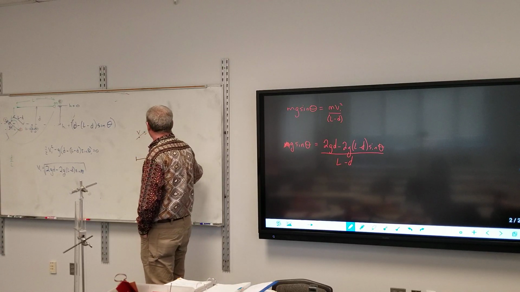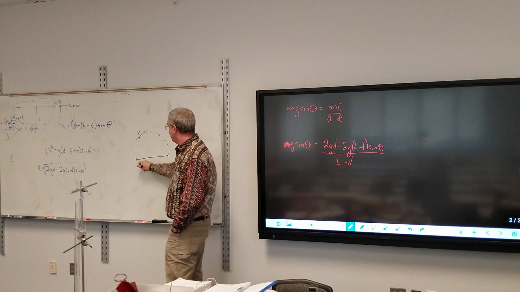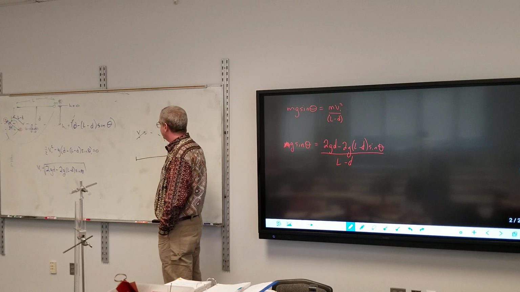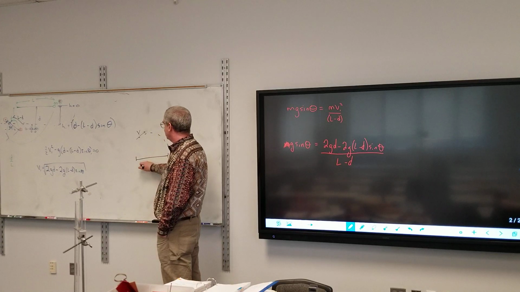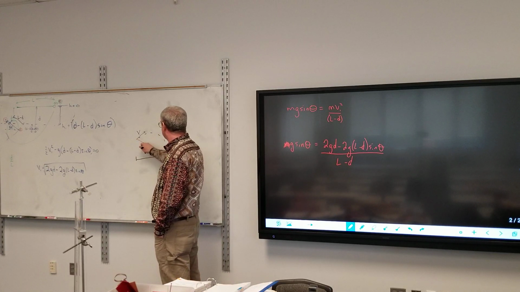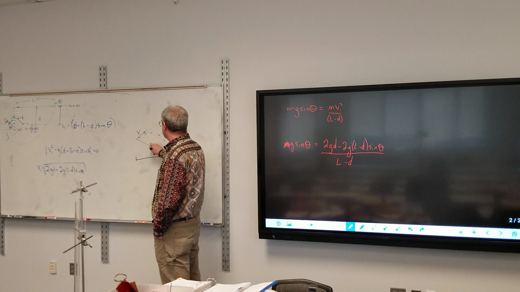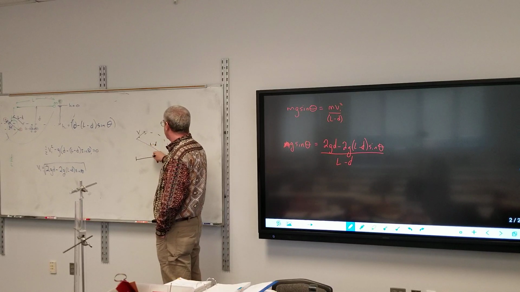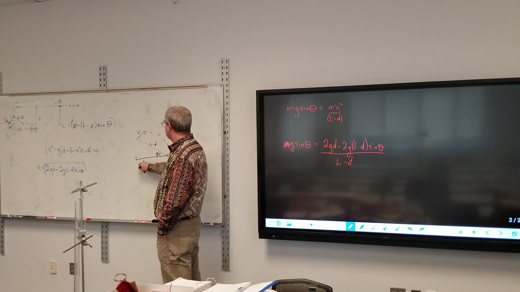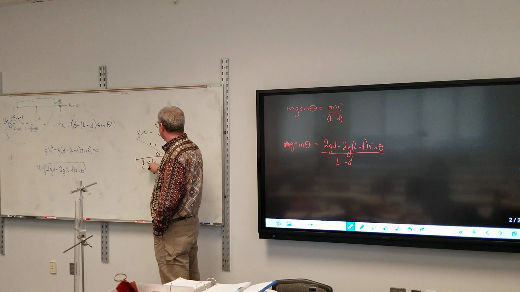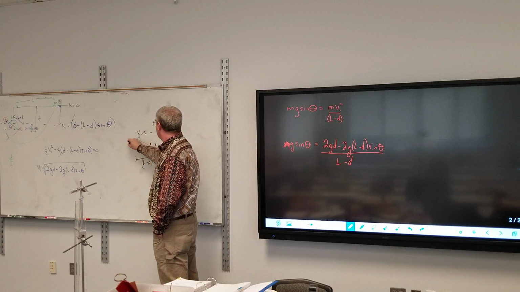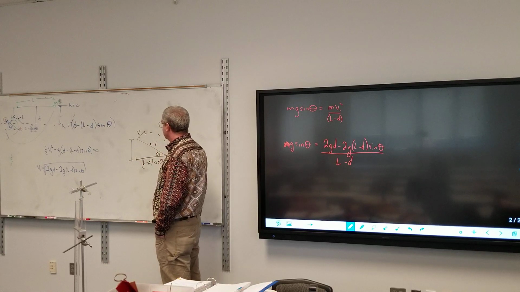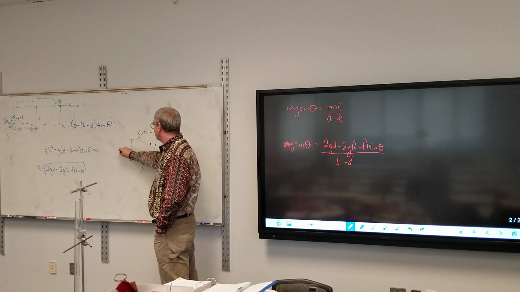This length right here, what is that length? No, that's L minus D. That's theta. L minus D cosine theta. And this right here, L minus D sine theta.